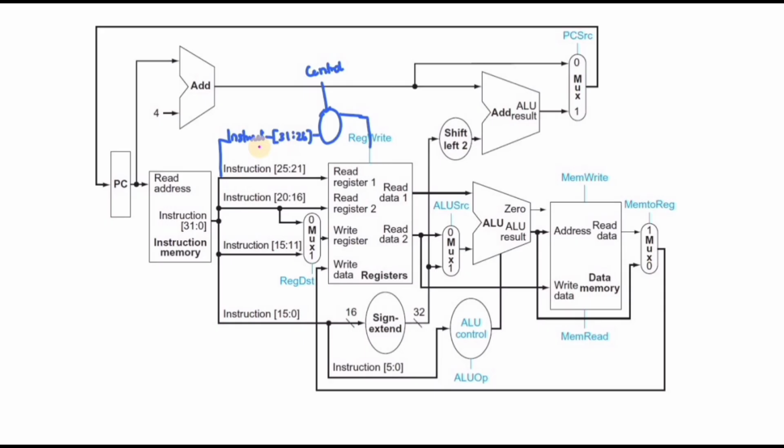We are using an additional mux which is required to select either the sequentially following instruction address, PC plus 4, or the branch target address to be written into the PC.